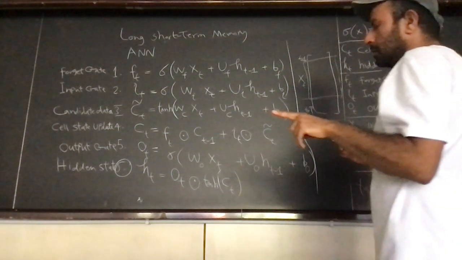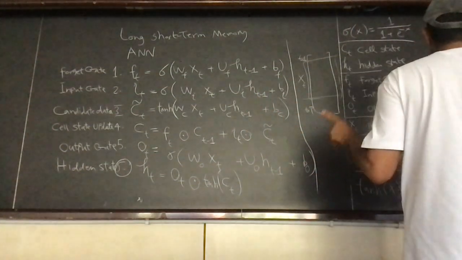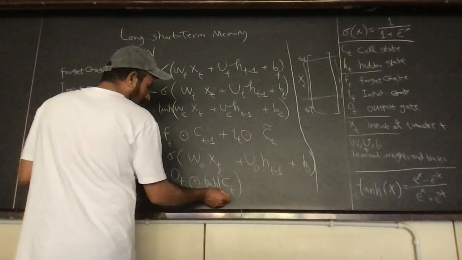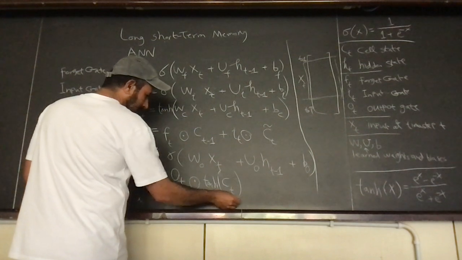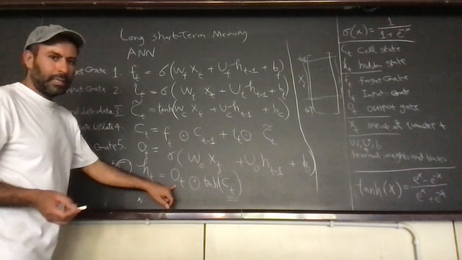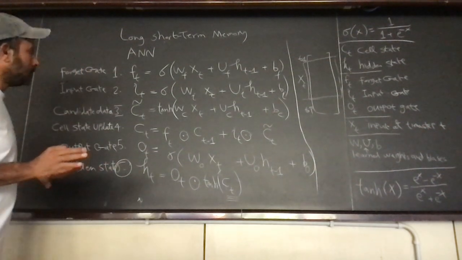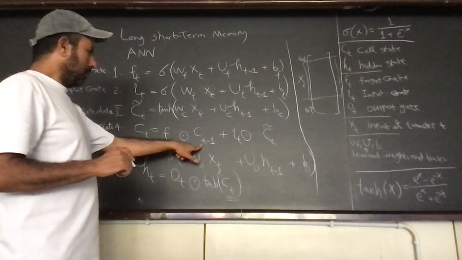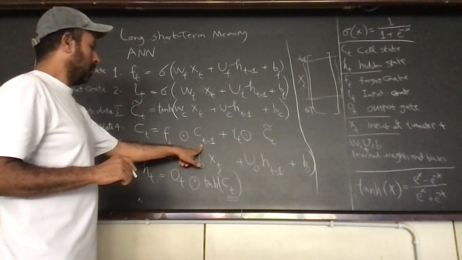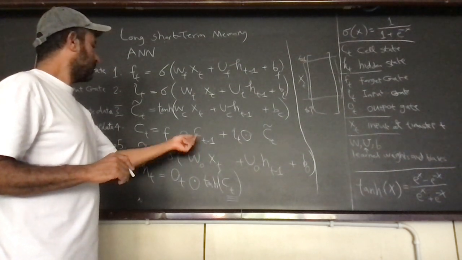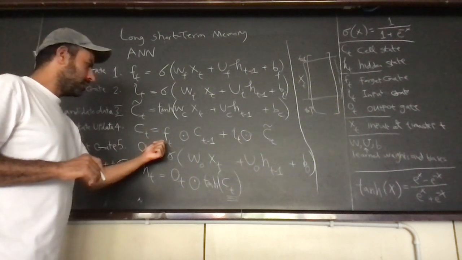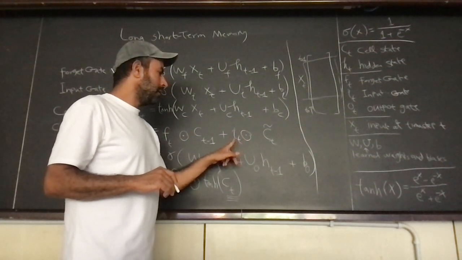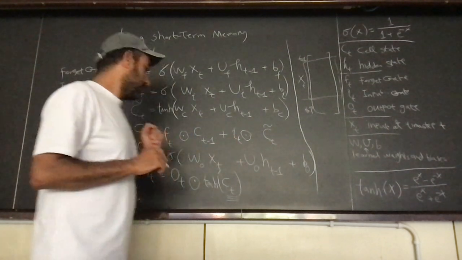It represents the short memory, and it's a gated nonlinear projection of the long memory, the cell state, into the space of the output. The long memory is filtered by the forget gate, and the candidate data is filtered by the input gate.